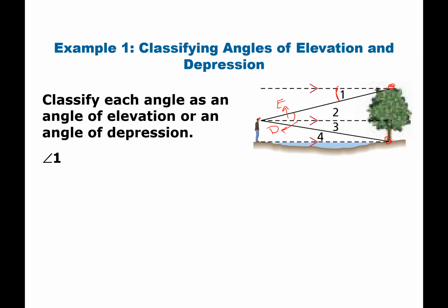And if any person or object here is looking upward, this angle is the angle of elevation. This angle and this angle are equal, and this angle and this angle are equal, because they are alternate angles. Just to know the names and types of the angles, because you will draw the figure to solve the triangle, so you have to know the meaning of the angle of elevation and the angle of depression.